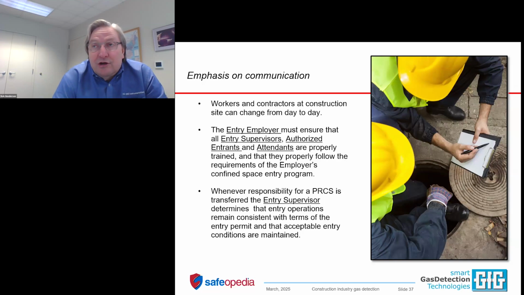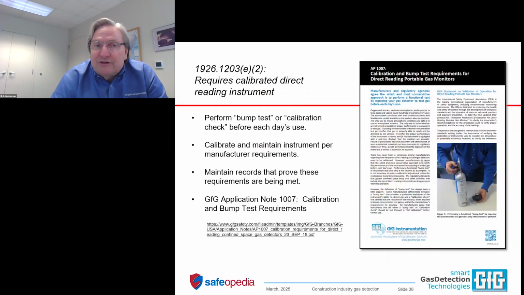If nobody's in charge, it needs to be secured in a way that prevents unauthorized entry until somebody is in charge and authorizes the entry, and then the confined space can be reopened. So a lot of emphasis on communication.